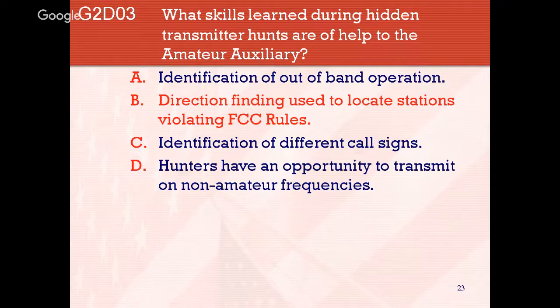You might even have a pirate station out there broadcasting on the ham bands, maybe somewhere out in the woods, or a little shack somewhere. Who knows? The skills for direction finding can help the amateur auxiliary. They've heard this violation, and they don't know where it is, but direction finding can help find it.